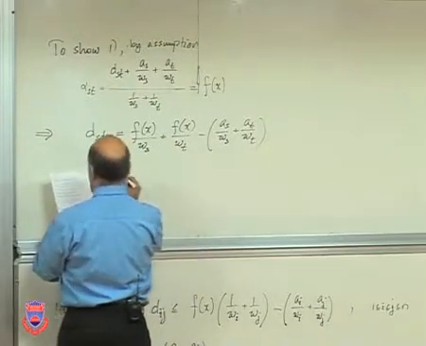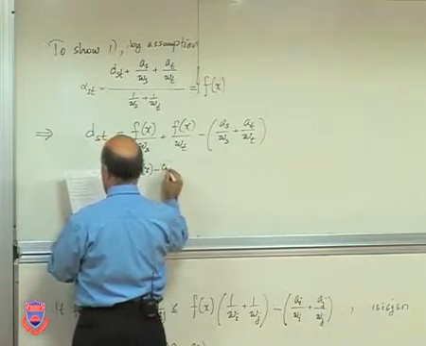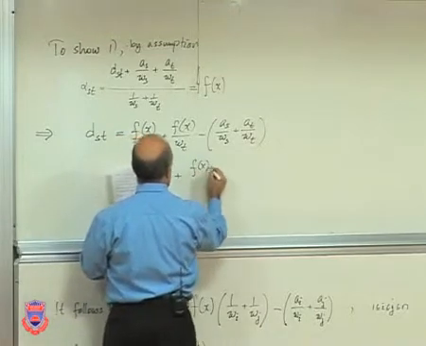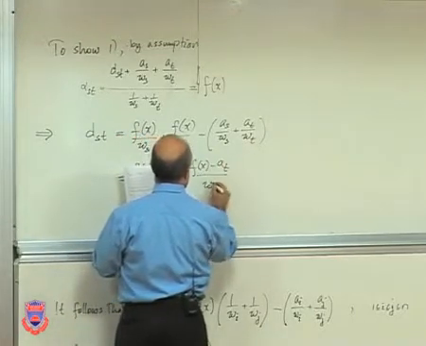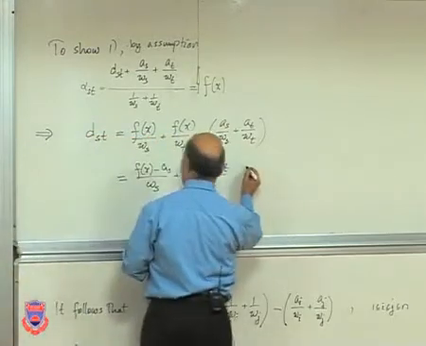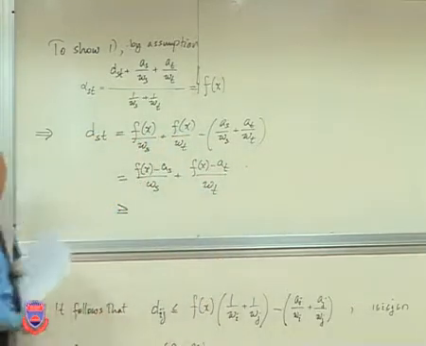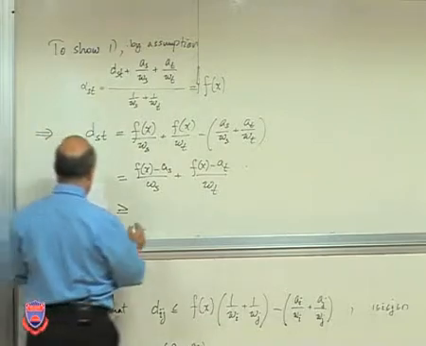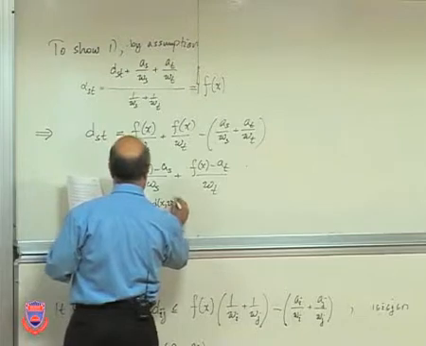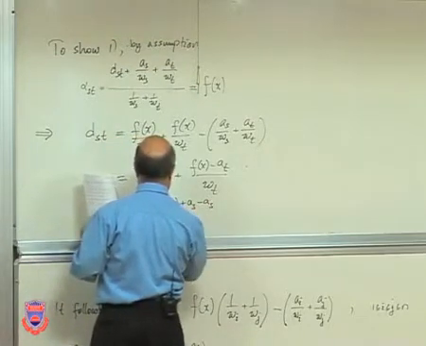Which is equal to f of x minus AS over WS plus f of x minus AT over WT. And now, this one is greater or equal WS dx VS plus AS minus AS.